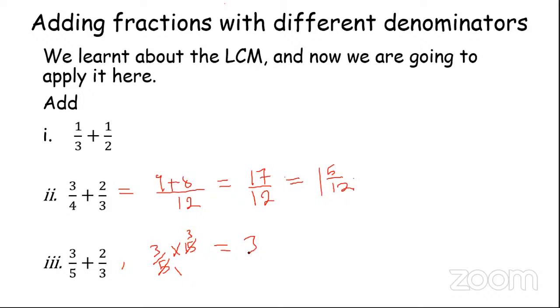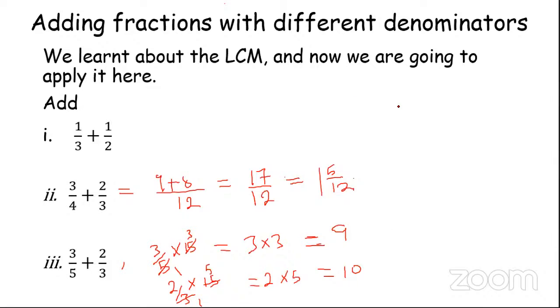So this would be 3 times 3, which gives us 9. Then also get 2 over 3 times 15 by 1 by 5. This is 2 times 5, giving us 10.